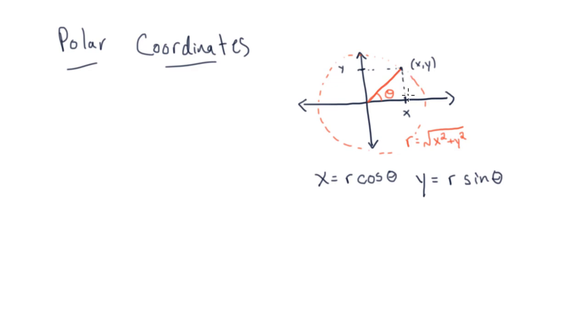Because sine theta is going to be the opposite side, and that's going to give me the y coordinate of this right triangle that I'm forming. So that's the idea behind polar coordinates. Instead of describing a point as xy, I'm describing a point as r theta, where r and theta are given by these transformation equations.